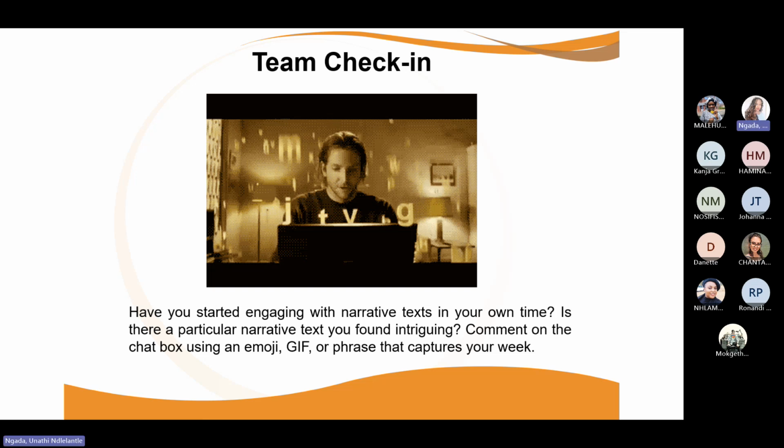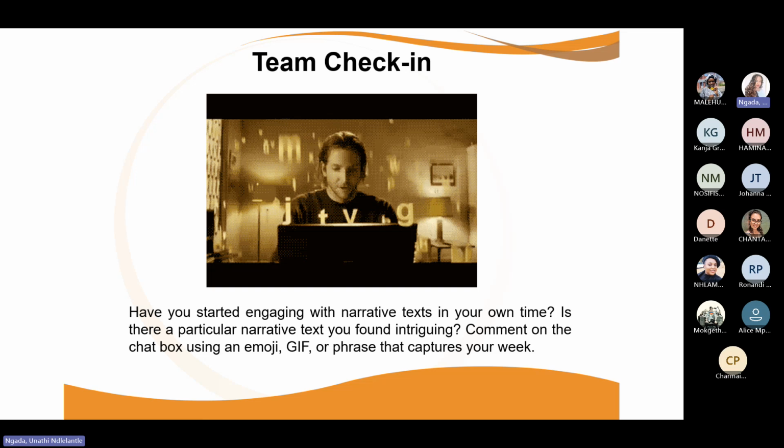Okay, so while people are typing in the chat box, perhaps let me touch on something that I picked up on last week, just before I was booked off sick, which is regarding some of the drafts that I have received. Overall, I would say that I am quite pleased that students have produced some fairly satisfactory drafts.